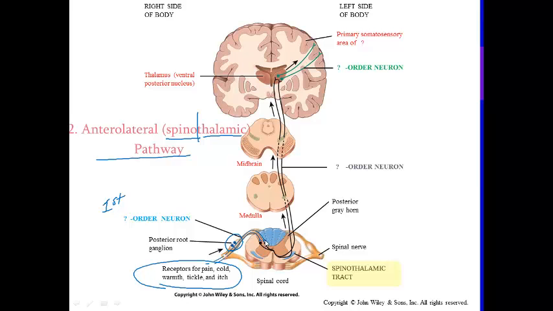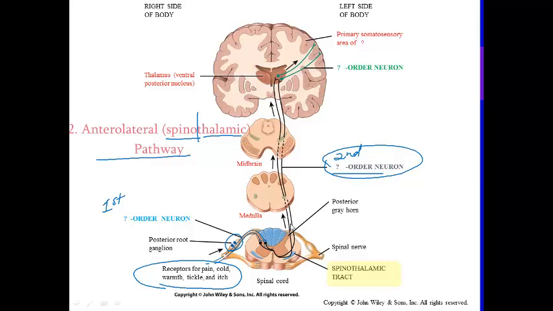Now we call it the anterolateral because it doesn't go through the posterior column of the spinal cord, but it goes right through the frontal region of it. So now right over here, they meet what we call the secondary neuron, the second order neuron.